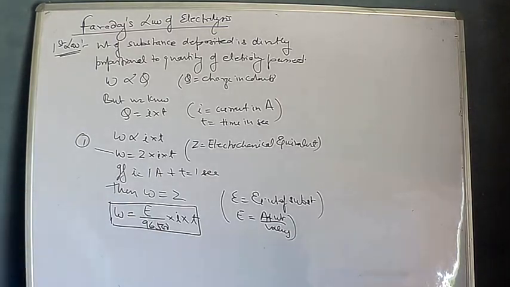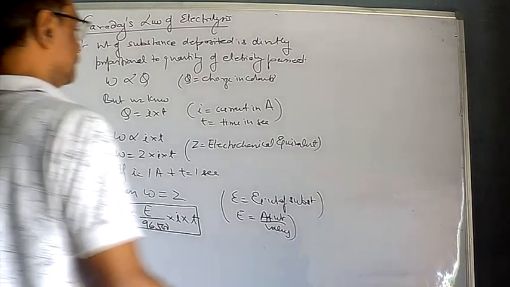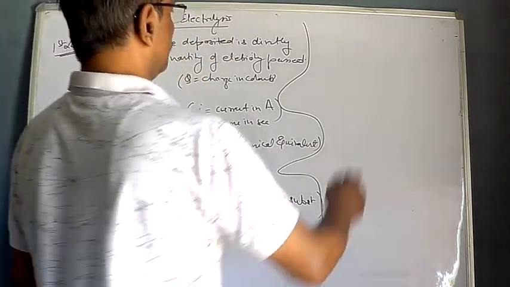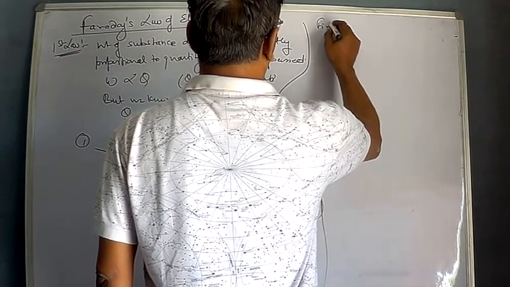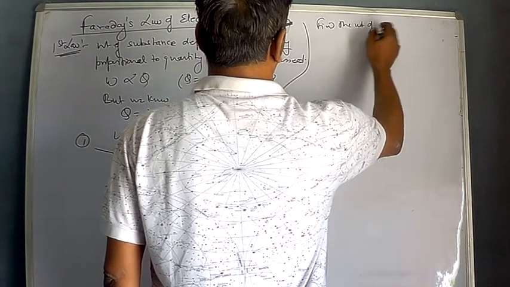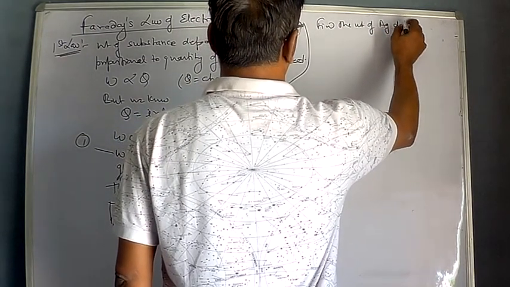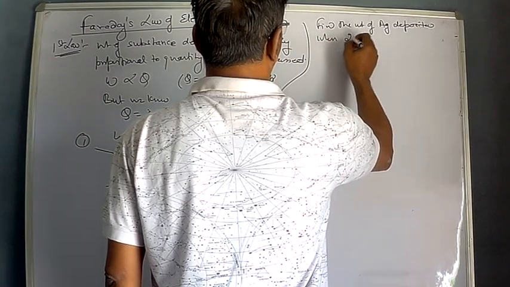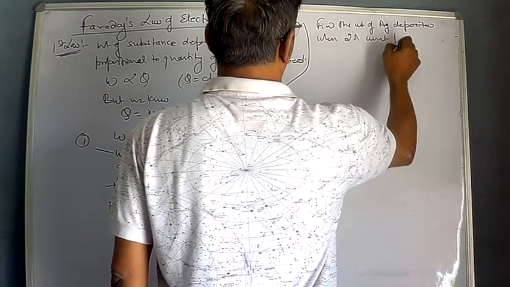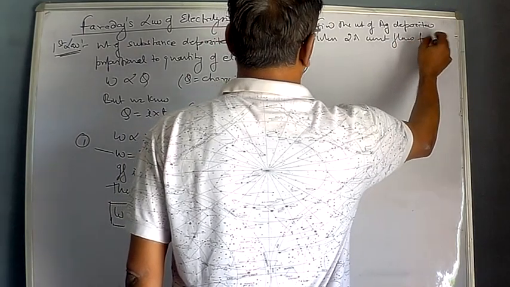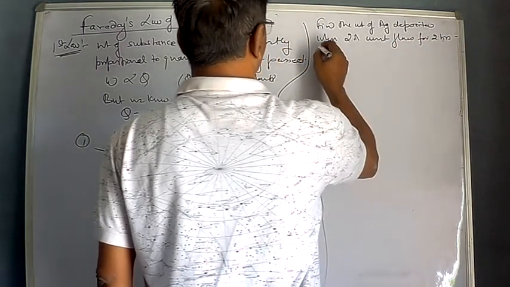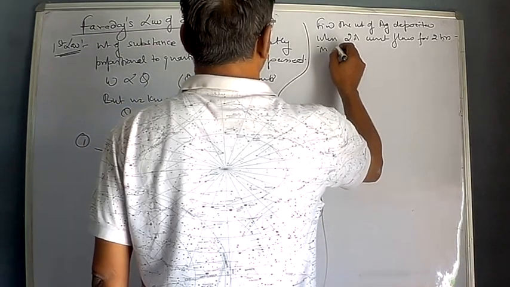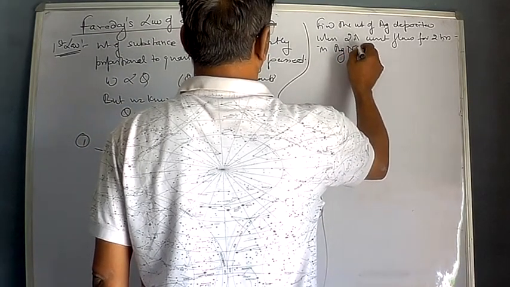Now based on this first law, let's have a numerical. Find the weight of silver deposited when 2 ampere current flows for 2 hours in AgNO3.